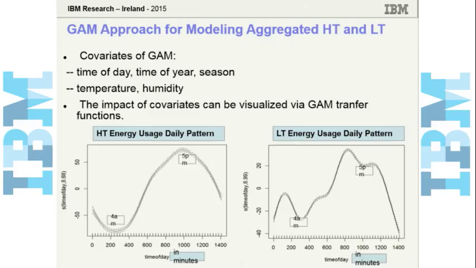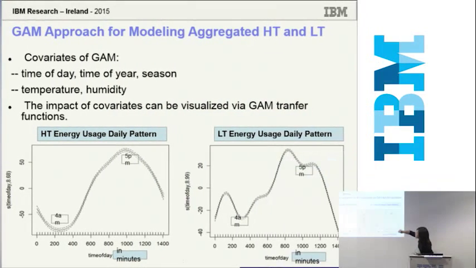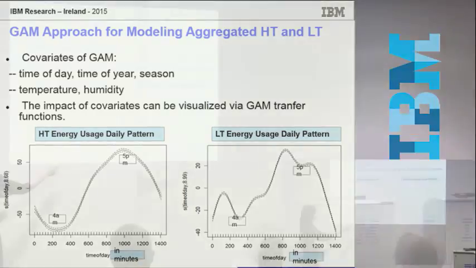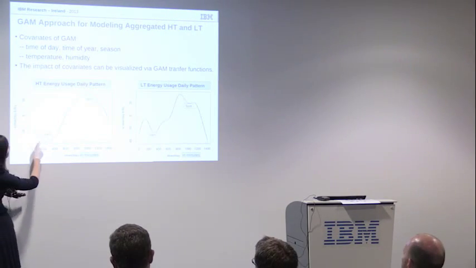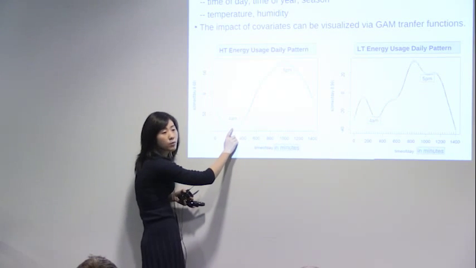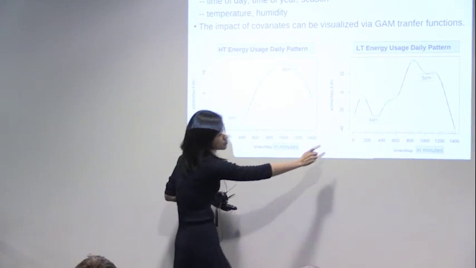So these are the outputs of the GAM model, the transfer functions. Intuitively, this shows you the daily patterns of HT and LT. Okay, so on your x-axis is the time of the day. You could see that for HT, the minimum occurs around 4 a.m. and the same with LT.